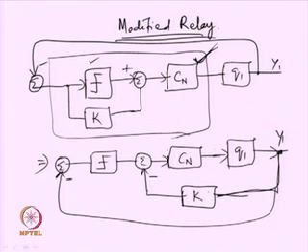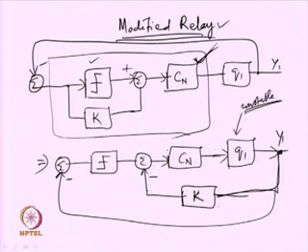So, additional advantage for going for this modified relay is that since we have got inner feedback controller now, if Q1 is unstable or having its pole located in odd positions, can be relocated at some suitable positions with the help of K1.